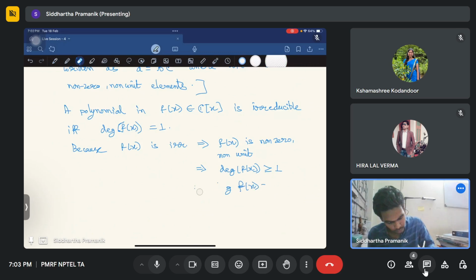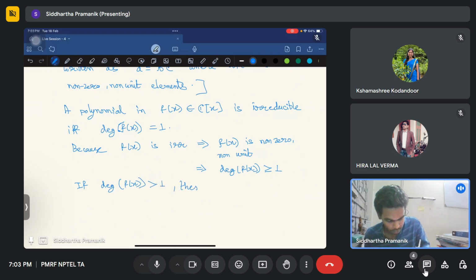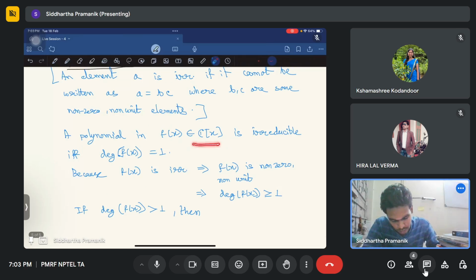So if the degree of f(x) is strictly greater than 1, then, because we know that every polynomial with complex coefficients, if it is a non-constant polynomial, has a root.